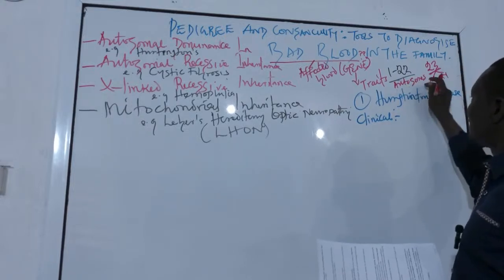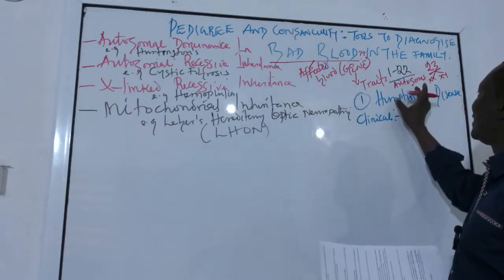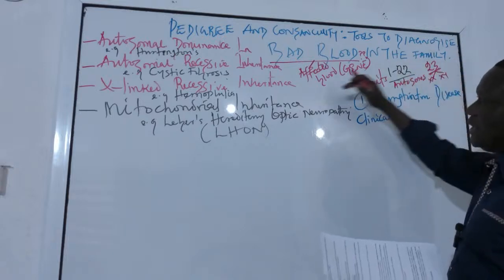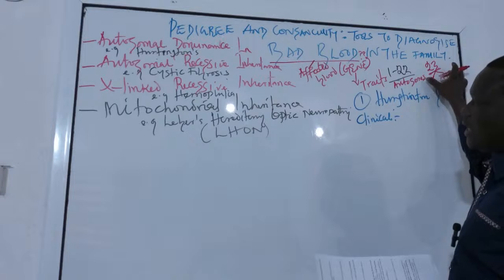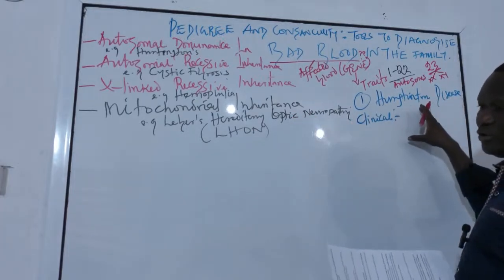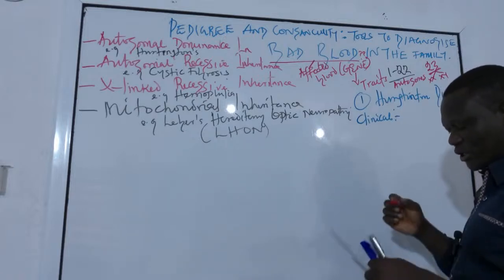So there are diseases that affect, number 1 and 2 affect autosomal genes, whereas X-linked happens in the sex chromosomes. And the last one is not on the chromosomal DNA, but in the mitochondrial DNA.